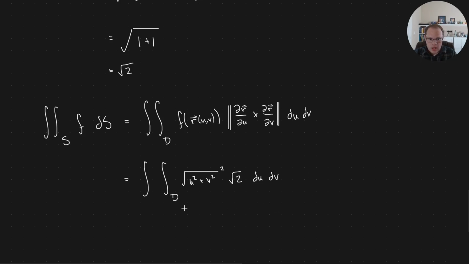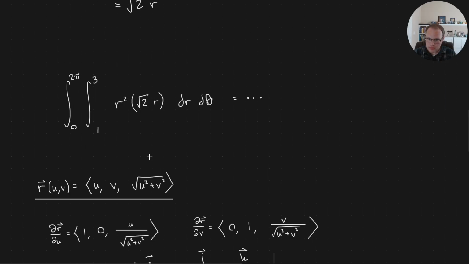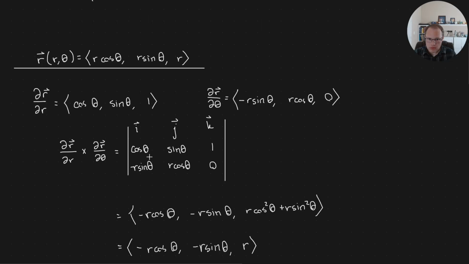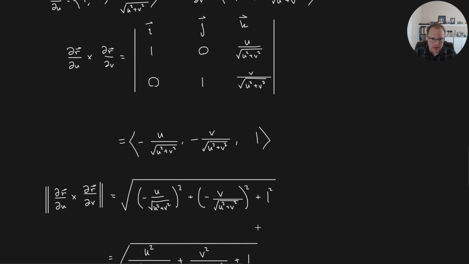Okay? Now let's think about the region over which I'm integrating. Remember, this was our condition. So I'm integrating over the region where u squared plus v squared is between 1 and 9. So let's graph that in the UV plane.